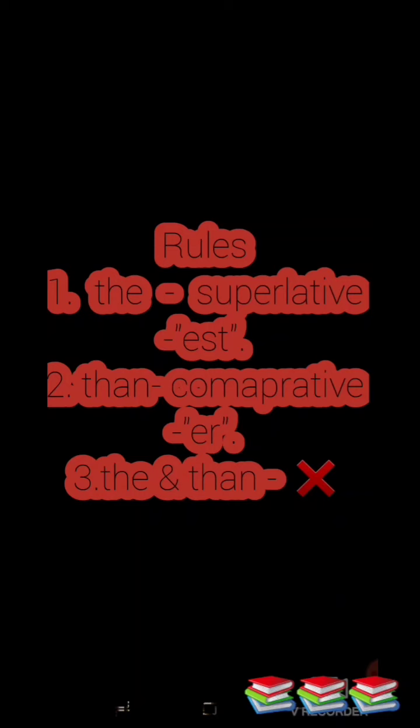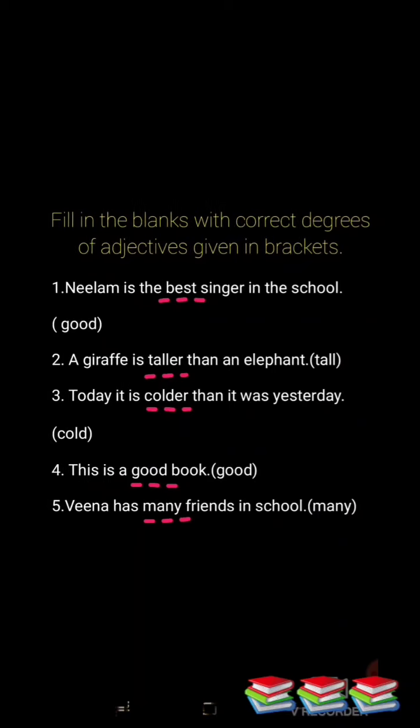First is "the". If there is a "the" before the blank, then you have to use superlative degree, in which you have to use EST. And the second one is "than". If there is a "than" after the blank, then you have to use the ER form with the bracket word. If there is no "the" and "than" in the sentence, then you just have to use the given bracket word as it is. So let's practice these rules.